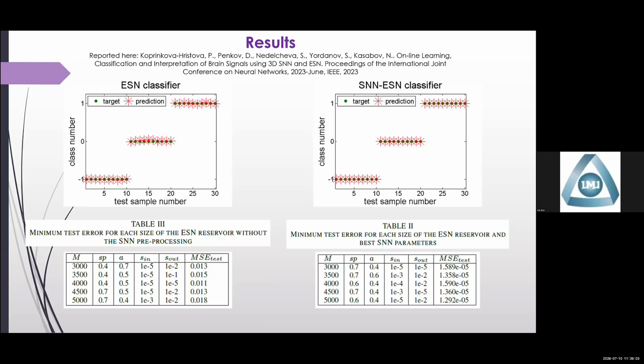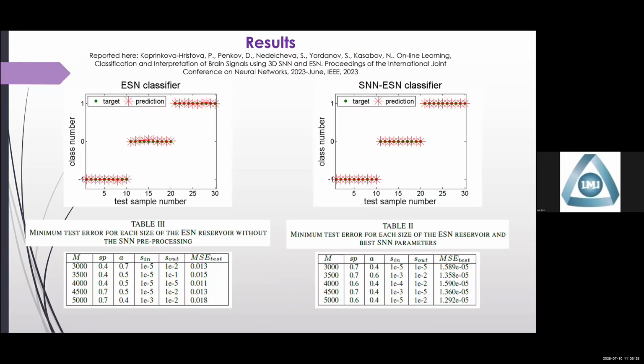You see here, this is 0.5. So this is a proof of concept that this feature extraction, using spatiotemporal patterns of data extracted via a spatiotemporal network of spiking neurons, helps to increase the classification accuracy significantly.